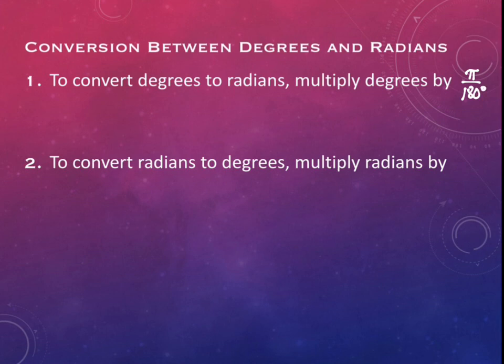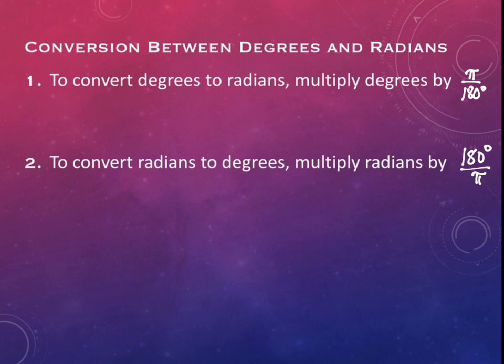And if we want to go from radians into degrees, we're going to multiply by 180 over pi. So both of them are a multiplication. It's just that we're multiplying by this equal measure.